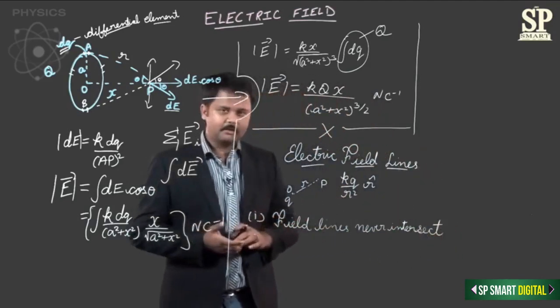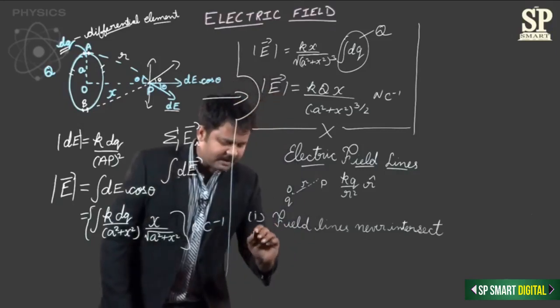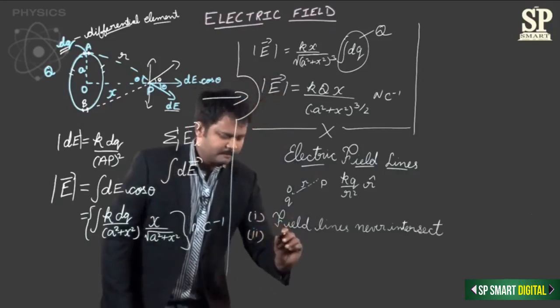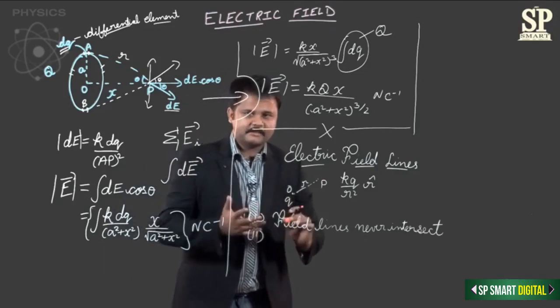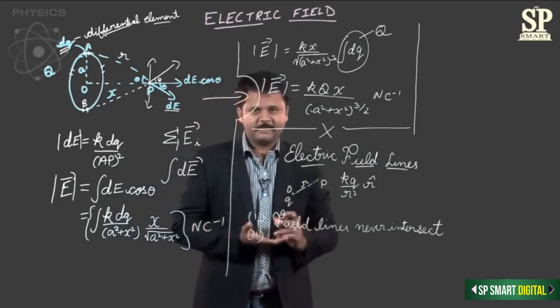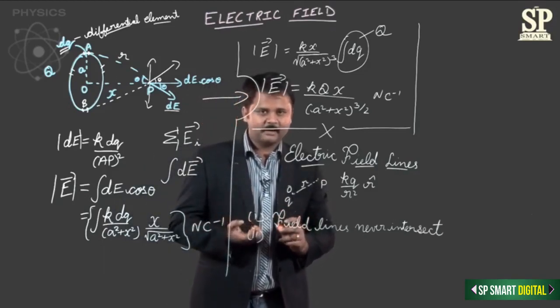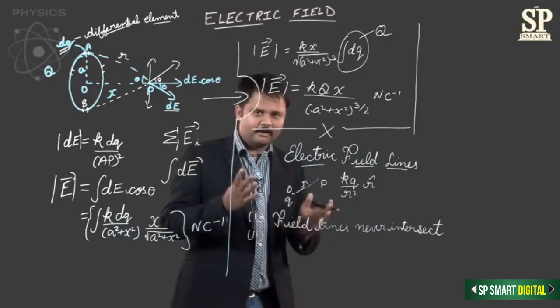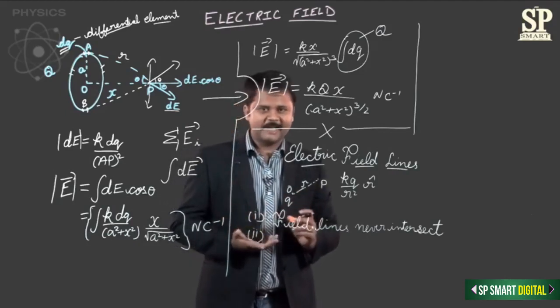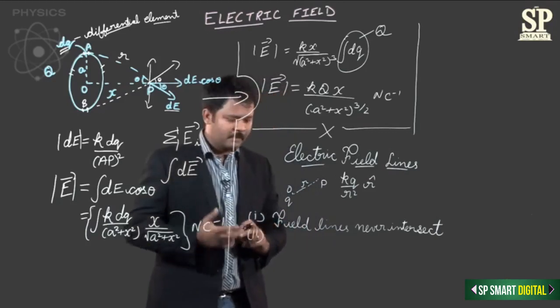Then the next property that they have is electric field lines are crowded in the areas where there is more electric field intensity, and they are rarer in the areas where there is less electric field intensity.